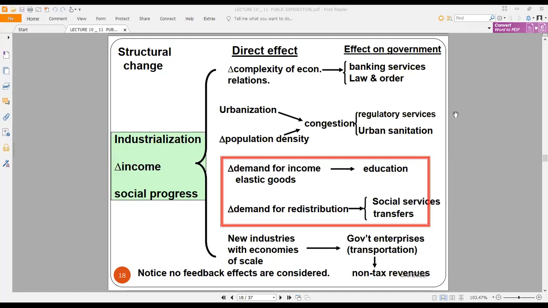So because of congestion, the government also has to spend on urban sanitation and all that. All these cause an increase in government spending. So that is just a summary of the causes and the direct effects on government spending as well.